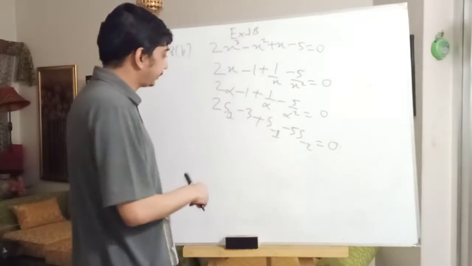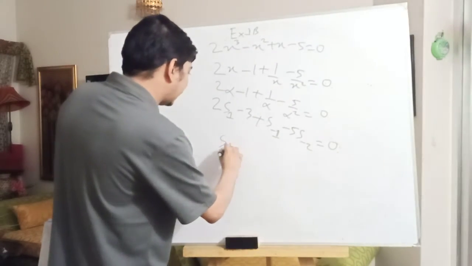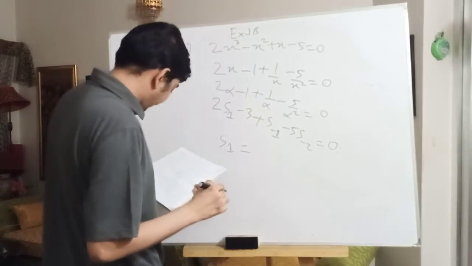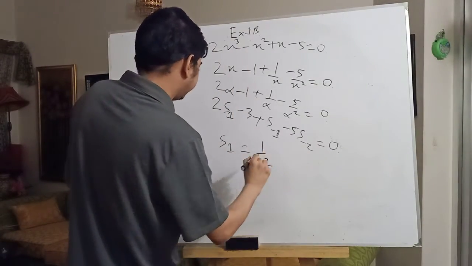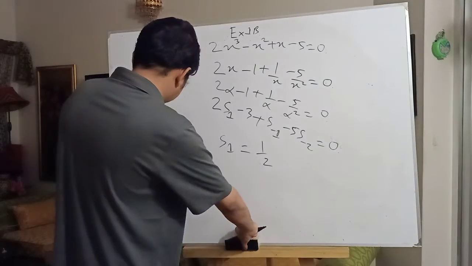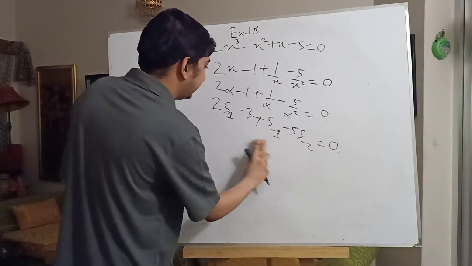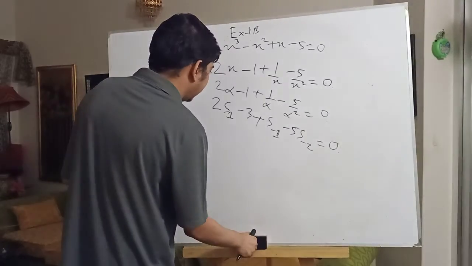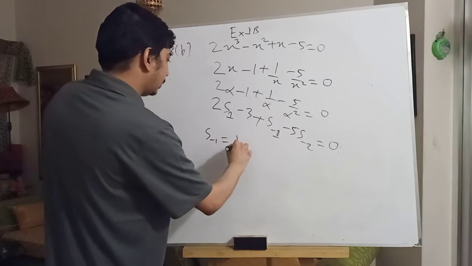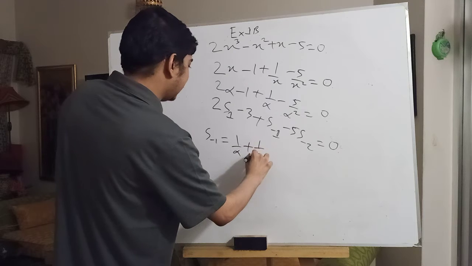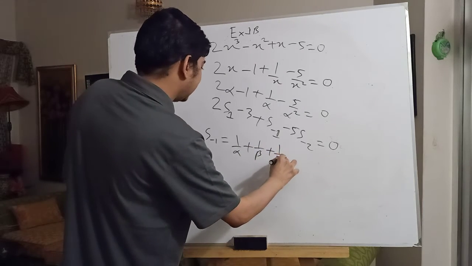The value of S_1 I can find very easily. The value of S_1 is, from here, 1 by 2. The value of S_{-1} is equal to 1 by alpha plus 1 by beta plus 1 by gamma.